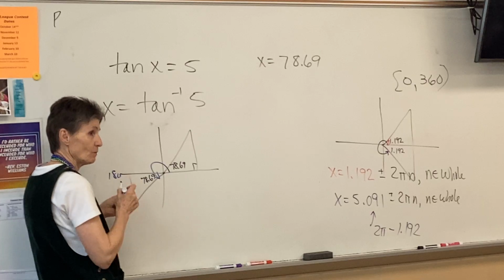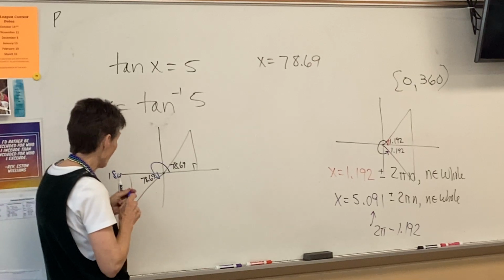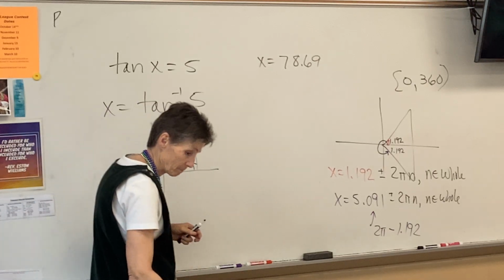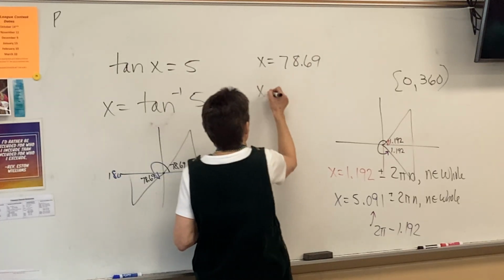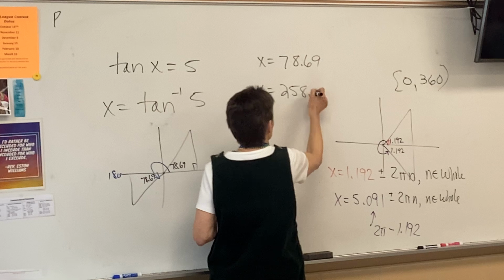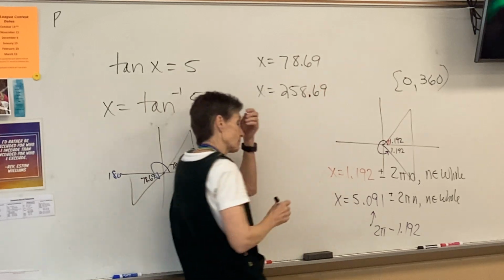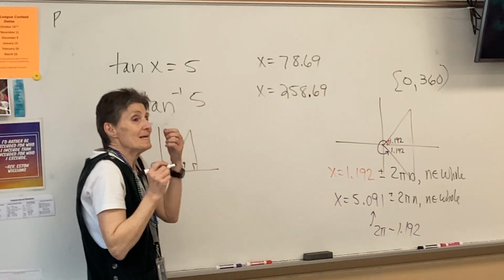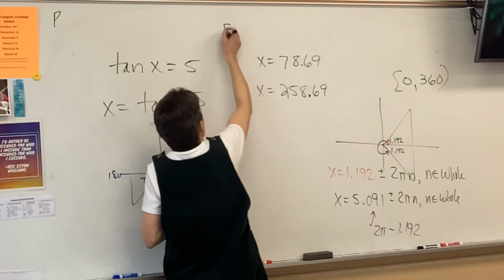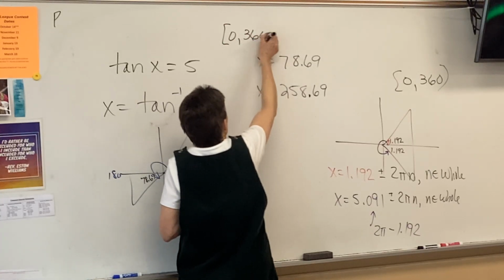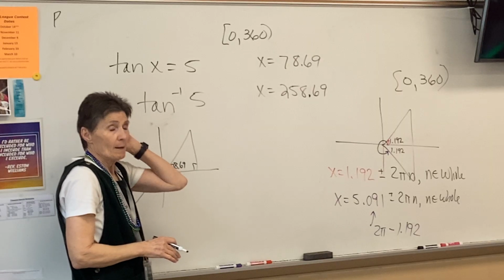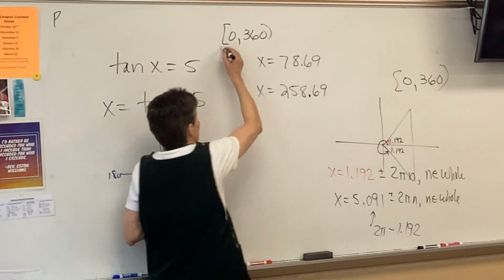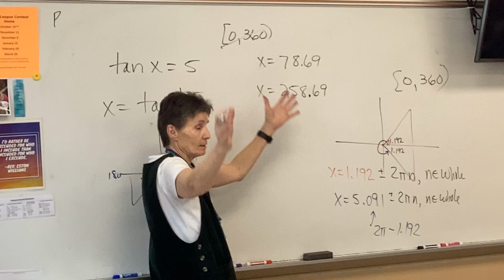Isn't this 180 over here? So I'm going to add 180 to that. I got 258.69. If these were the directions, I would be done. That is it. But those aren't the directions. It says find them all.